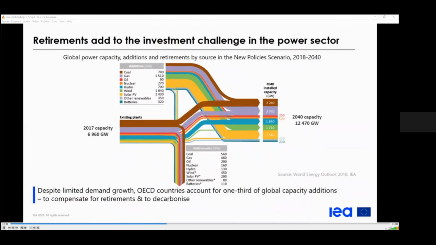We build it to meet demand, but also because our power plants have a lifetime. So existing plants today will be retired in the future. And so new capacity additions will need to compensate for these retirements, and on top of that, increase to meet the new demand.